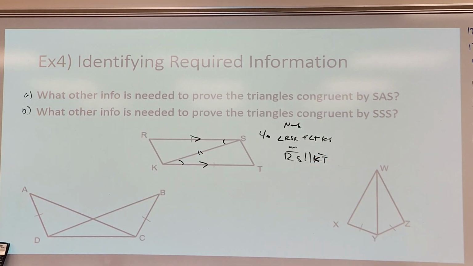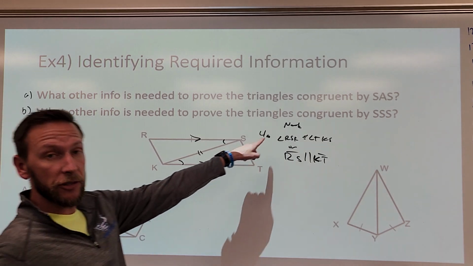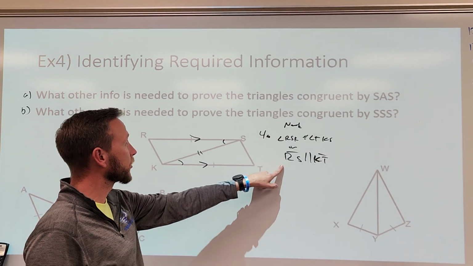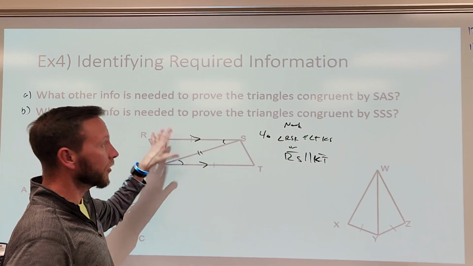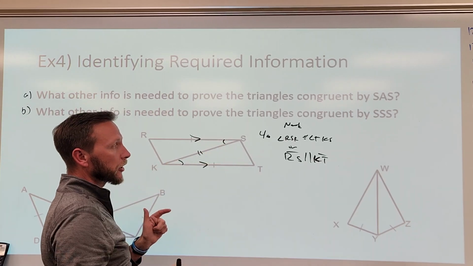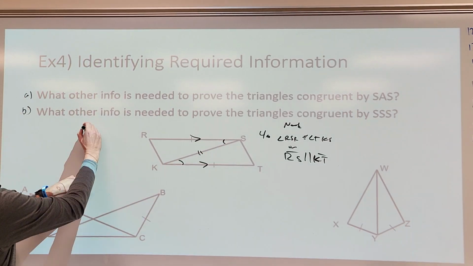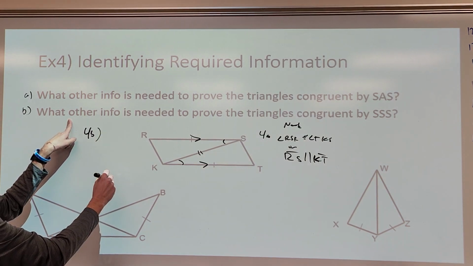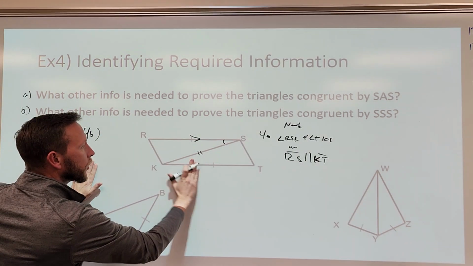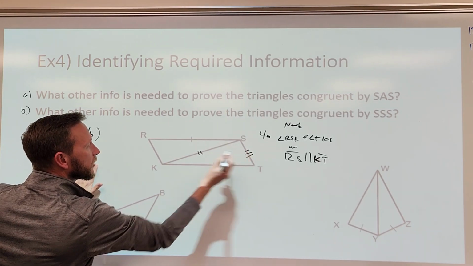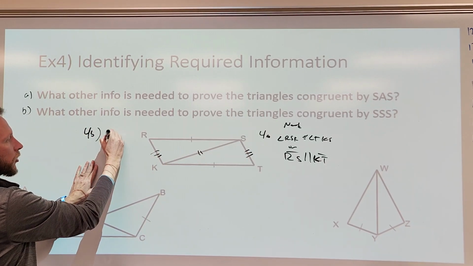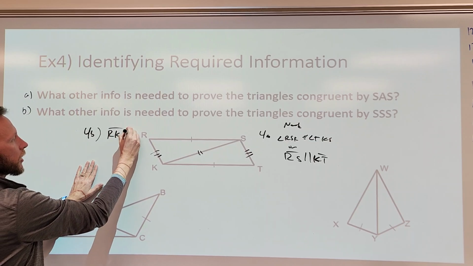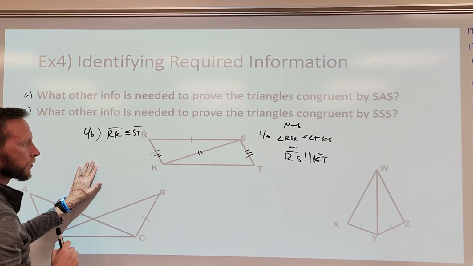So there's two pieces of information that we could be given, either explicitly that these angles are congruent or explicitly that these lines are parallel and therefore we know that these alternate interior angles are congruent. A couple different ways we could do that. Or for part B, for side side side, we would need to know that these short sides are congruent to each other. We need to know that RK is congruent to ST.